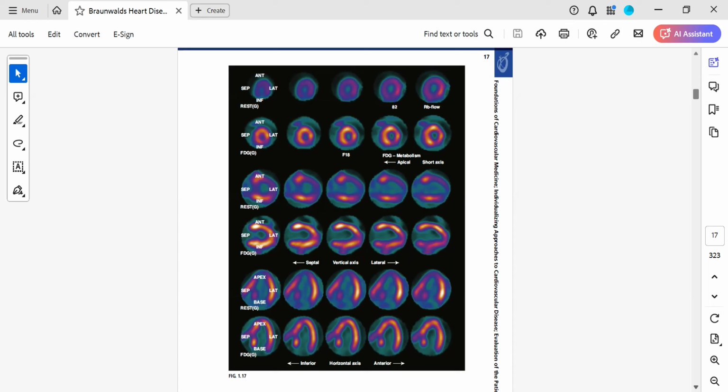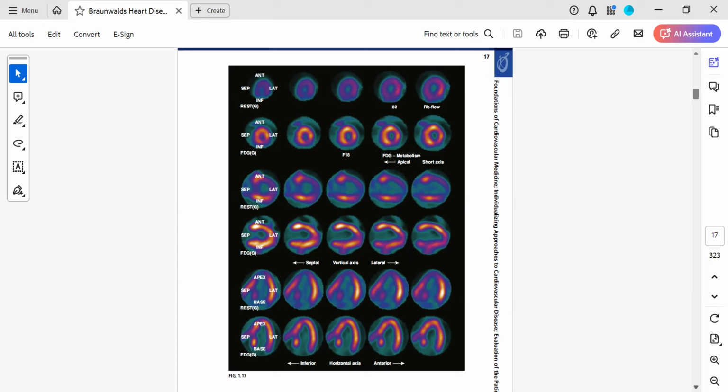So how to interpret it is that for a normal myocardial perfusion, at rest, there's homogeneous flow. There will be no thinning out at any particular region at rest. Whereas stress will induce obstruction, so you will notice some thinning out or a defect in the perfusion during stress for the flow tracers.